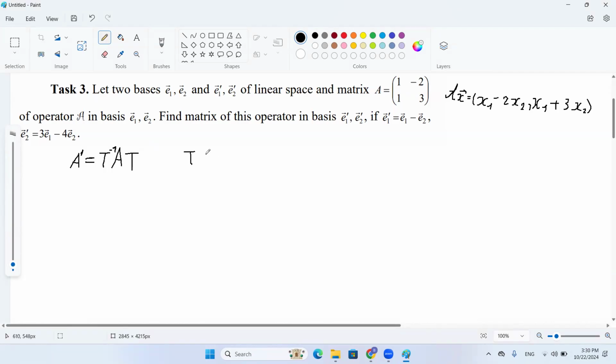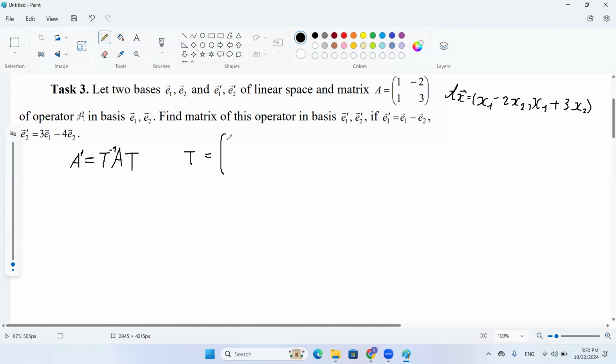Dmitro, just now please assist me with building the transition matrix. I will tell you what to do. I will tell how it is built, and you will tell me coefficients. So the transition matrix is built using these new vectors. And how do we build it? We take each vector and write it as a column of the matrix.